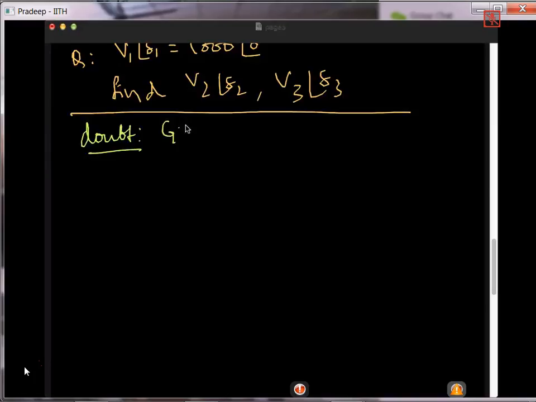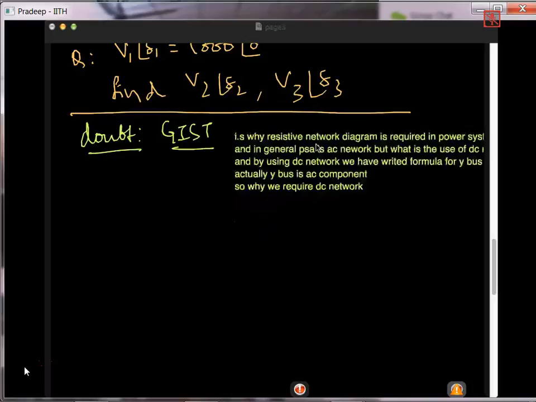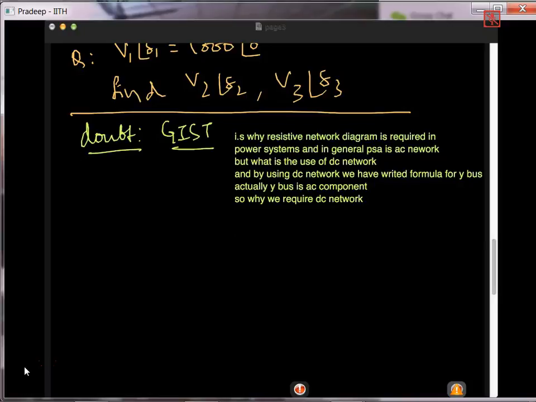This doubt is from GIST. The question is why a resistive network diagram is required in power system analysis and network analysis in general.